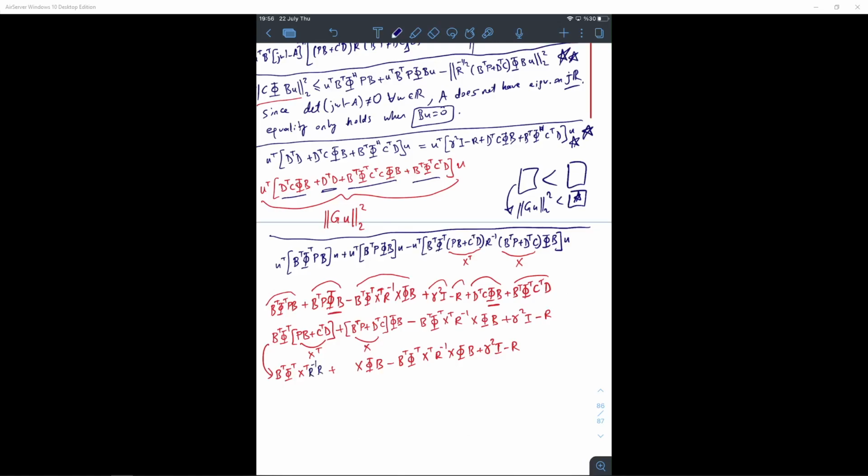R inverse R and R inverse R. We're getting closer, by the way.